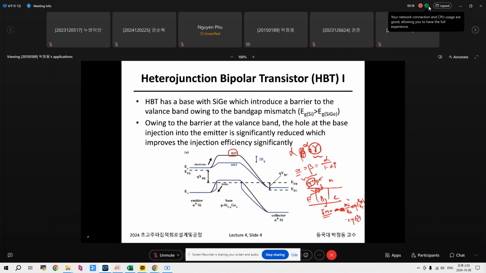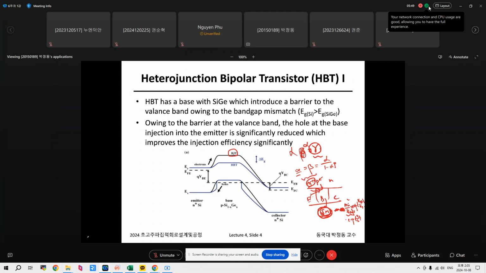That means to improve this, we need to make the impurity density in the base small. If you make the impurity level in the base small, then the injection efficiency will be improved.